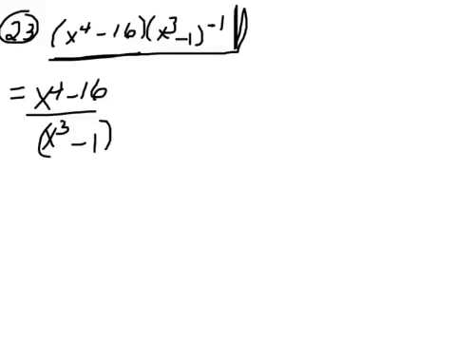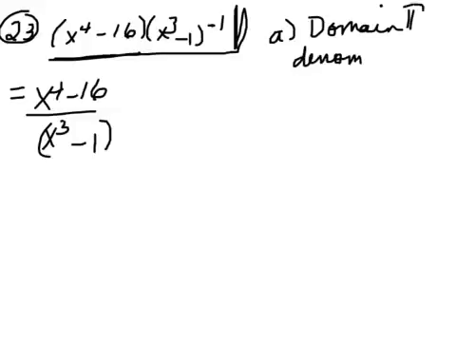Now, first of all, let's look at the domain. For the domain, we're going to take the denominator, and it's going to be all real numbers except where the denominator equals 0. I can put anything I want in there, but is there a place where the denominator would be 0? Let's check it out.